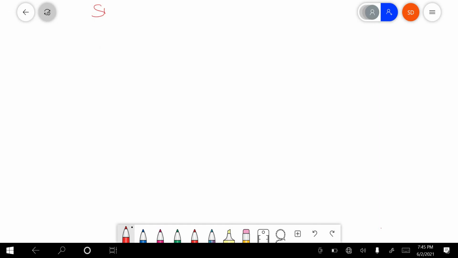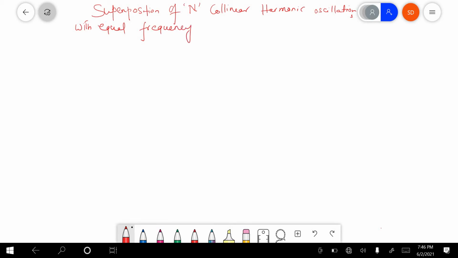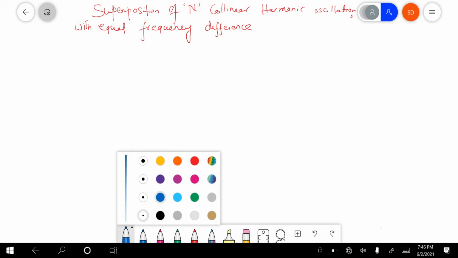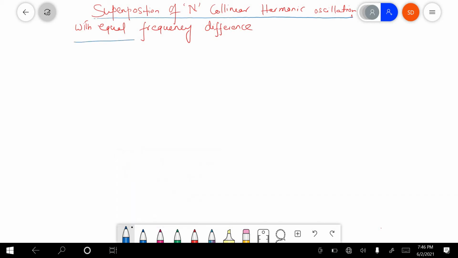That is, superposition of n collinear harmonic oscillations with equal frequency difference.